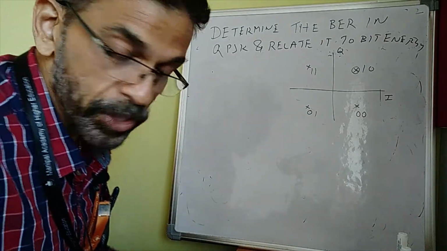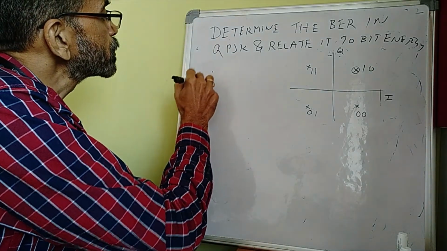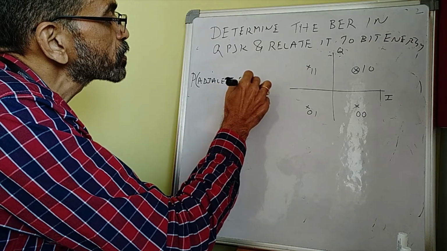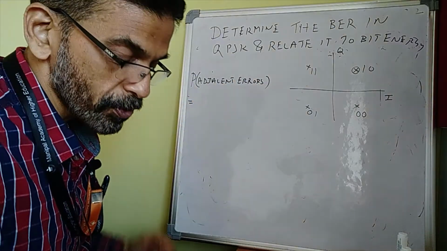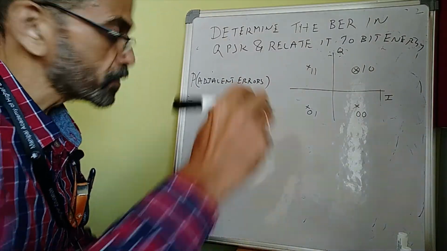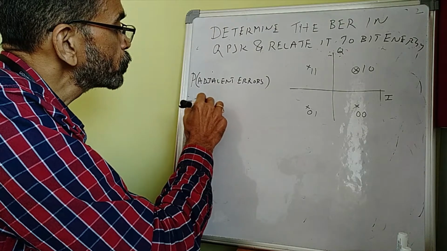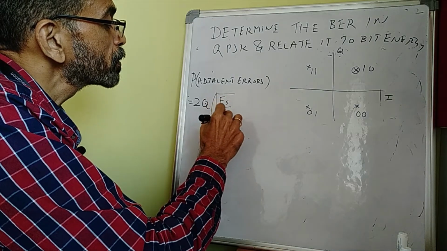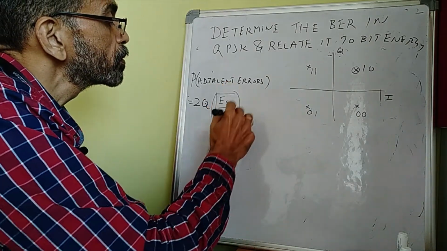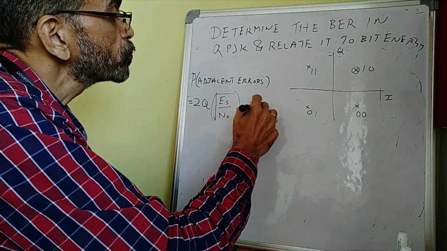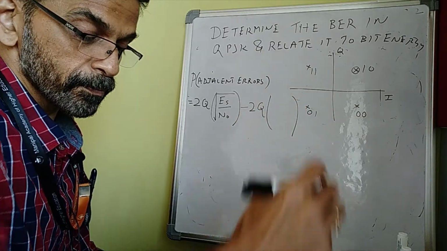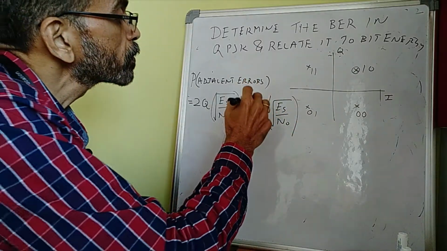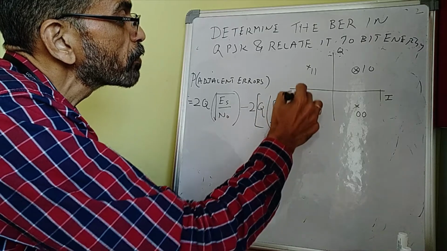We saw in lecture 12 that the probability of adjacent type errors, I just now explained what I mean by adjacent type errors, was determined to be 2Q(√(Es/N0)) minus 2Q(√(Es/N0)) to the power 2.